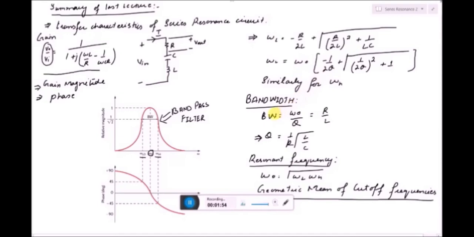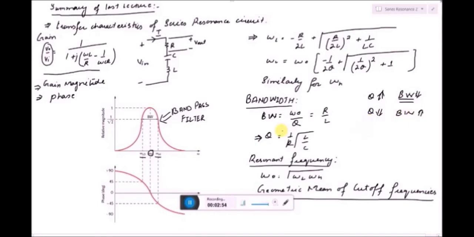After that we formulated a relationship between the bandwidth and the quality factor, and found that the bandwidth is inversely proportional to the quality factor. So if the quality factor is increasing, the bandwidth will decrease, and the band pass filter will become more selective. If the quality factor is decreasing, bandwidth will increase.